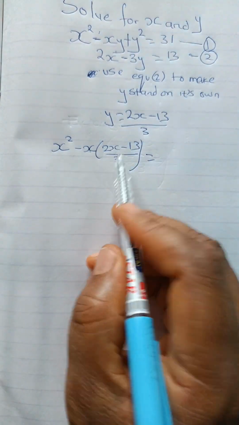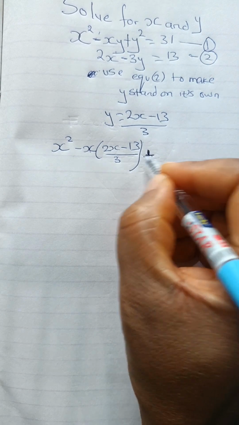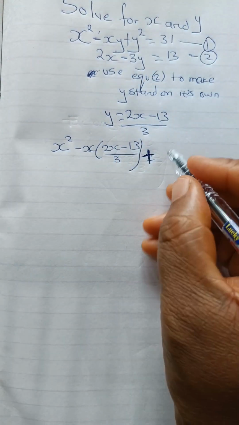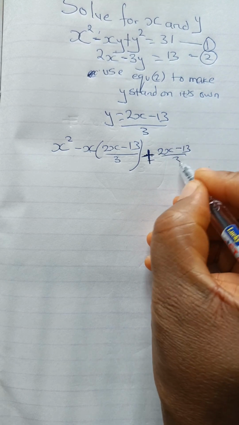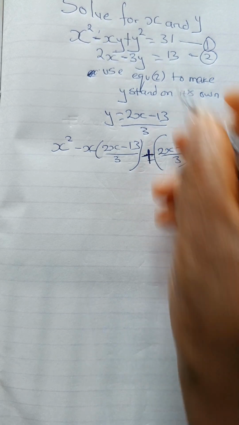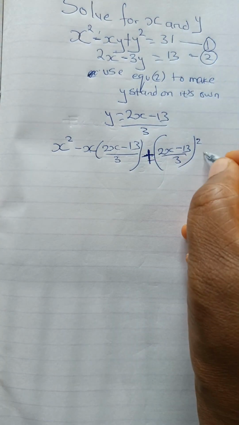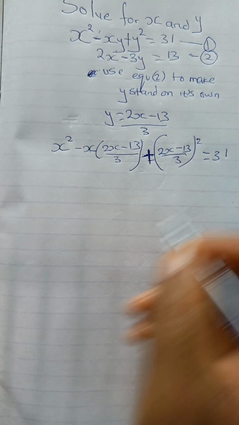Don't forget this plus y squared, and y squared is 2x minus 13 over 3 squared, equal to 31.